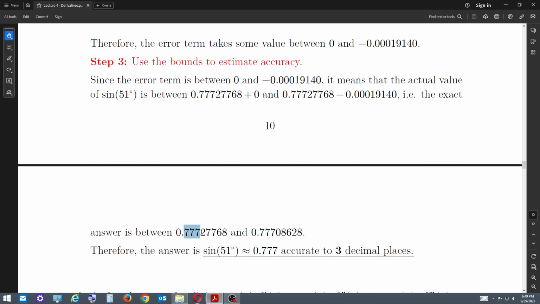I go as far as I can. If I go to three decimal places, I get the same number. But the fourth decimal place could be different. It could be a 0, a 1, a 2, or even a 3 when you round off. So we don't know what the fourth decimal place is. We only know that the first three decimal places are sevens. Therefore, our answer is approximately 0.777, correct to 3 decimal places.